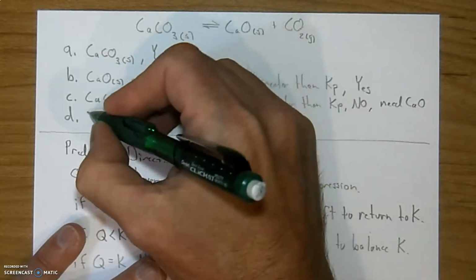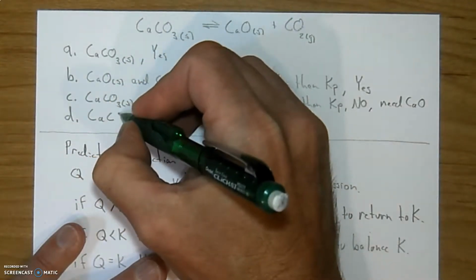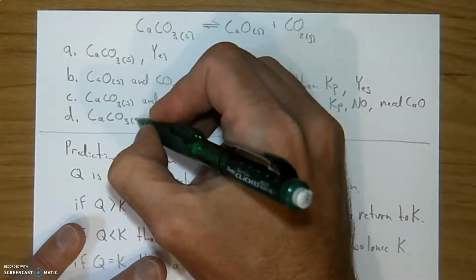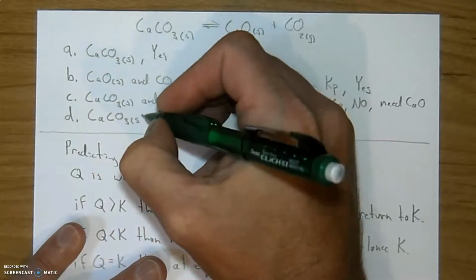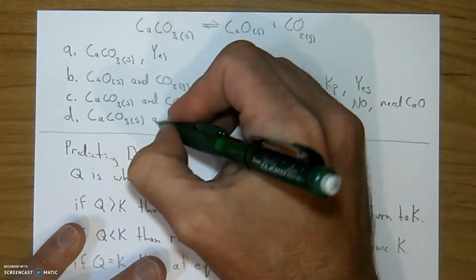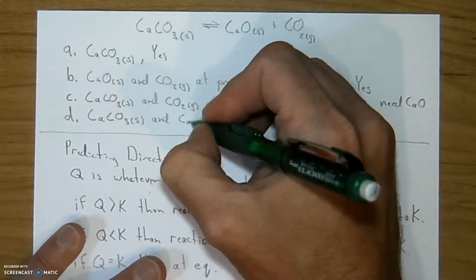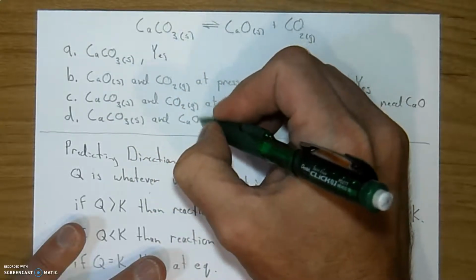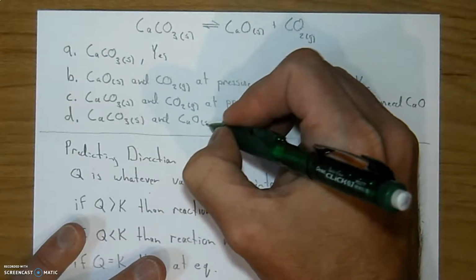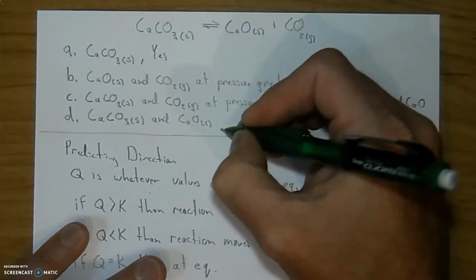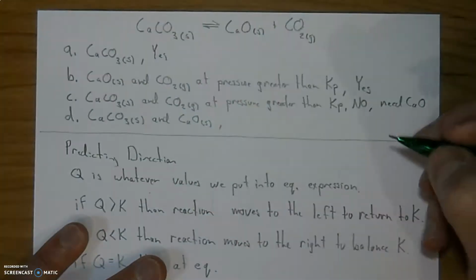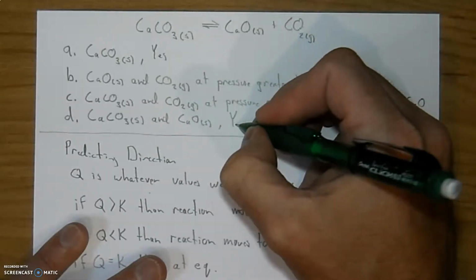Last one on here, you have present calcium carbonate, solid, and calcium oxide, solid. That's the only thing in the container. Nothing else is present. And the answer for this one is yes.